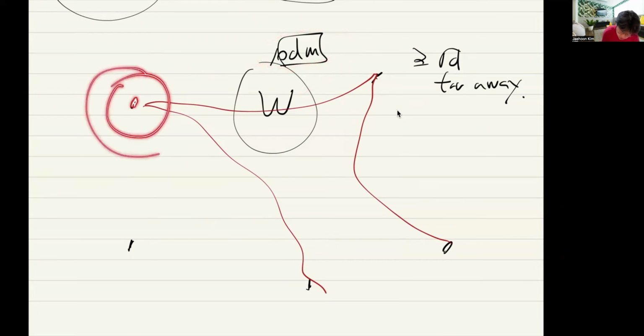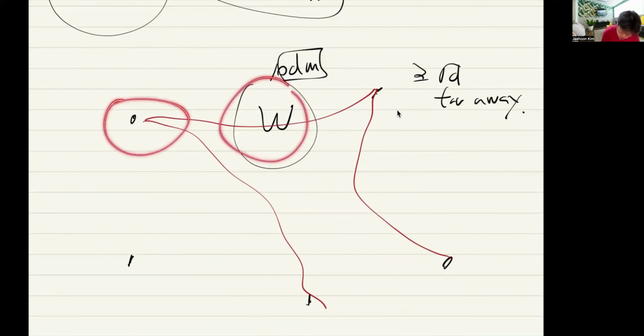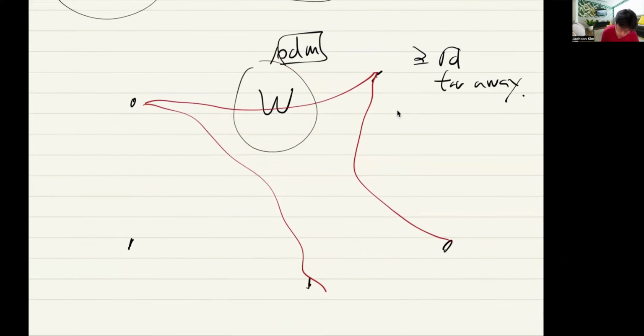Now you want to grow this, but it's growing so slowly that it's difficult to find a set which is much bigger than W. But because they are far away, you can first make sure that these paths are far away from here.